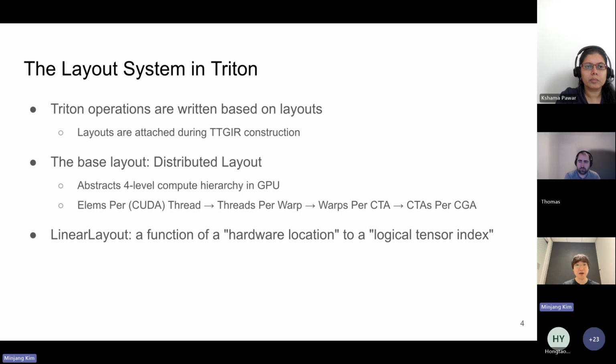The layout is a distributed layout, so it captures 4 levels of the compute hierarchy in the GPU or NVIDIA architecture: the thread, warp level, thread block level, and the grid level. The layout system captures that hierarchy. And now we are using the linear layout, which is a function from the hardware location to the logical tensor index. Those layout systems are the most important part of Triton.